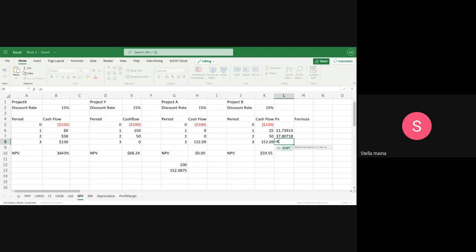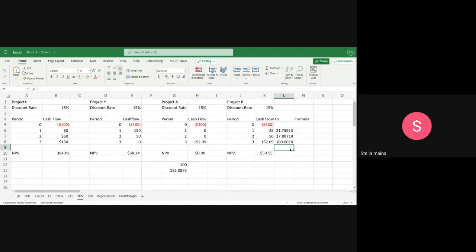K8 divided by 1.15 raised to power 3, giving us 100.00.